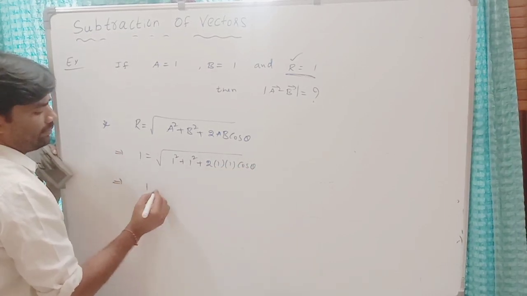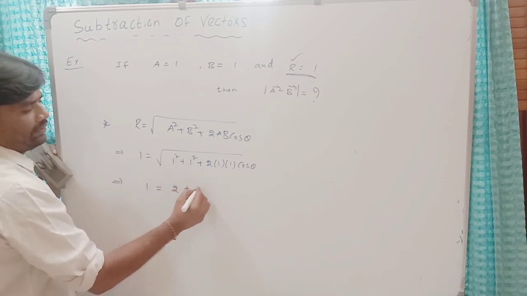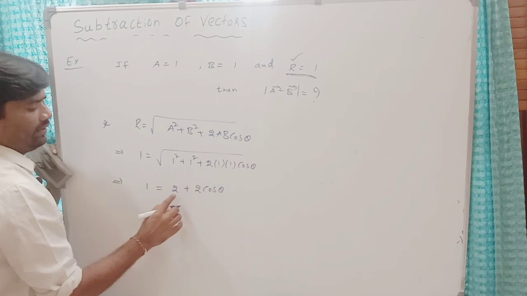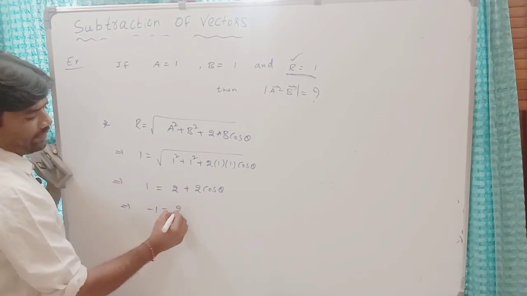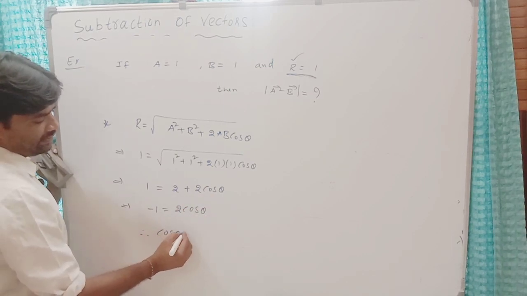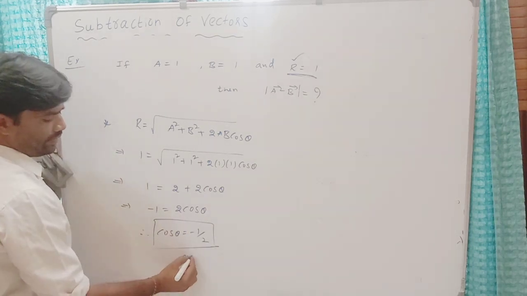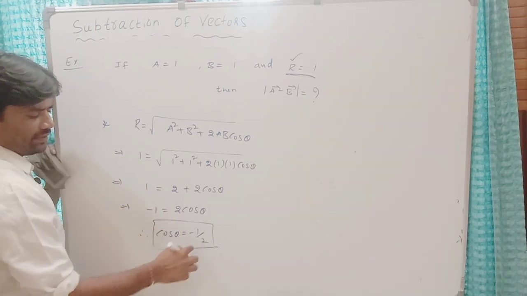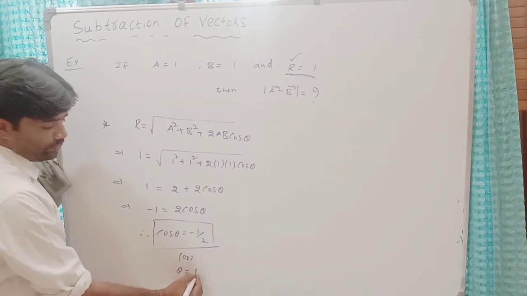Squaring this equation on both sides, 1 square is 1, 1 plus 1 is 2, this is 2 cos theta. Write this 2 on this side, 1 minus 2 is minus 1, equals 2 cos theta. Therefore cos theta is minus 1 by 2.